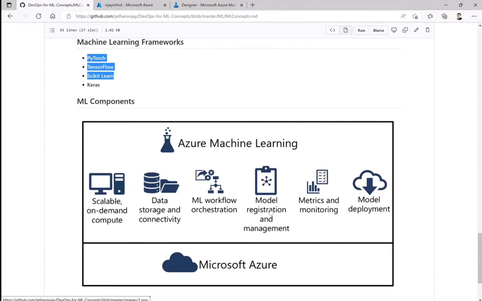Now model registration and management is required once we actually train that and make sure that this particular model is nothing but the end-to-end flow, or the end-to-end steps which we took, right from transforming our data or making it presentable to actually running it through that engine and providing the desired output. So that is called the model. Once that is ready, we have to register it so that we can reuse it.